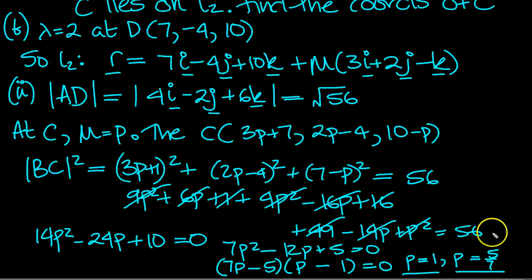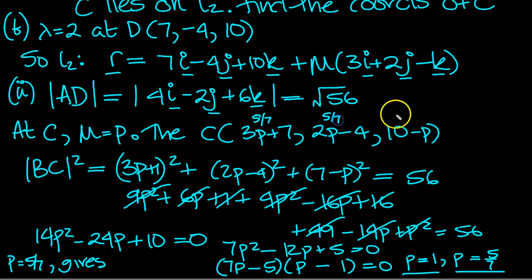So 5/7 is the smaller. So p equals 5/7, and I'm going to go back up because I've run out of room and put 5/7 in here.